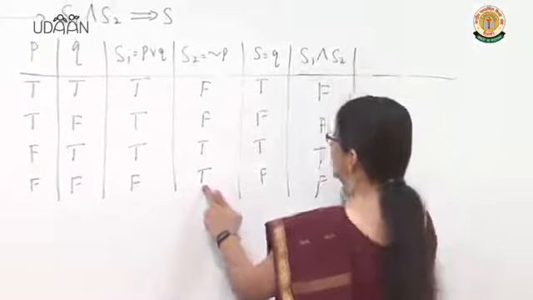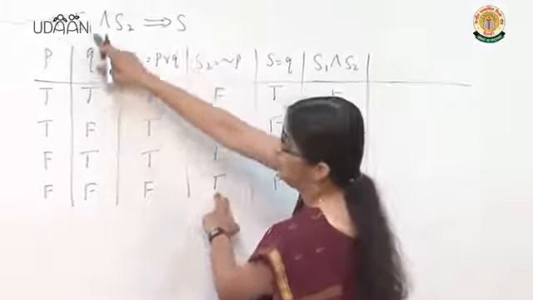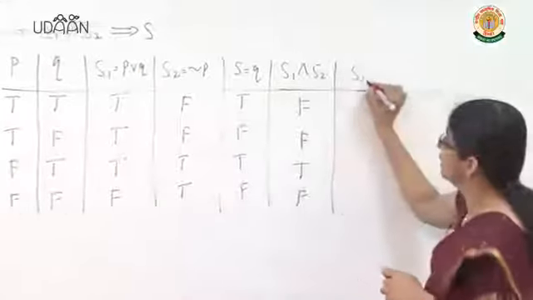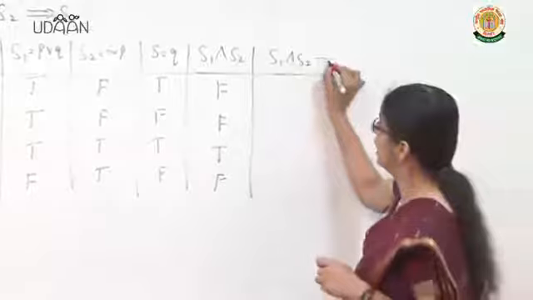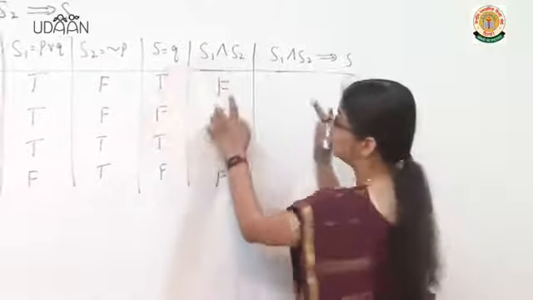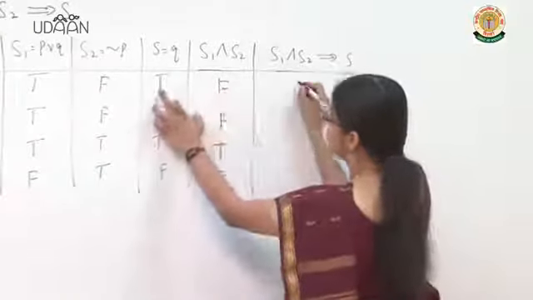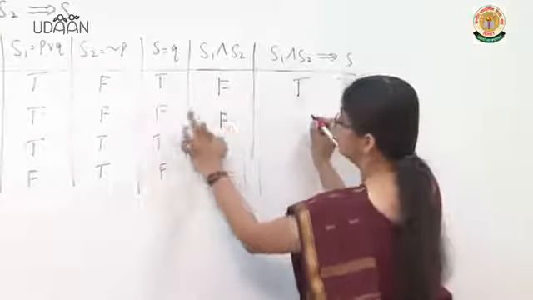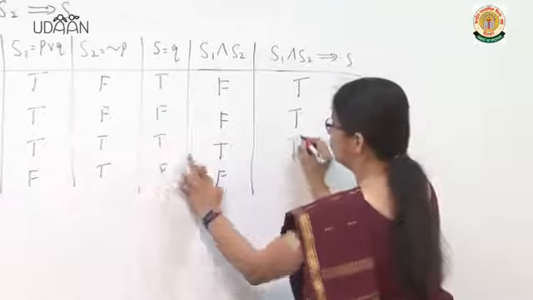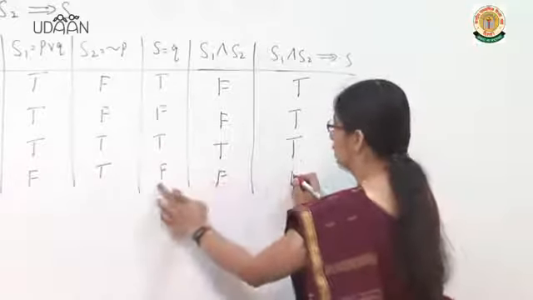This is S1 and S2. But we need S1 and S2 implies S. False implies true, false implies true, true implies true, false implies false.